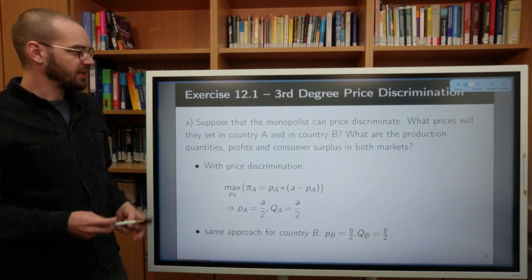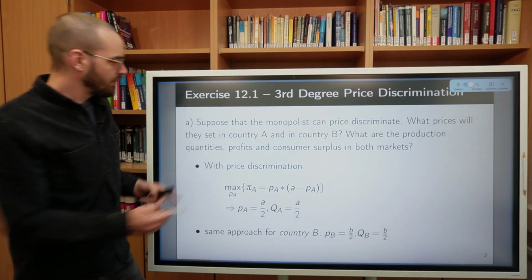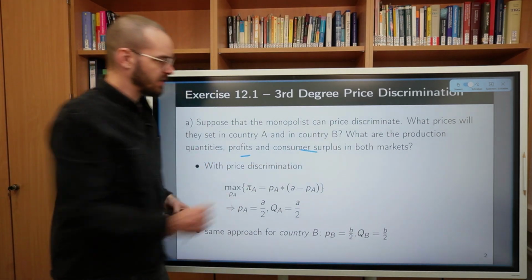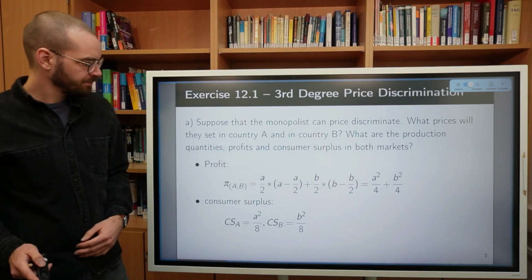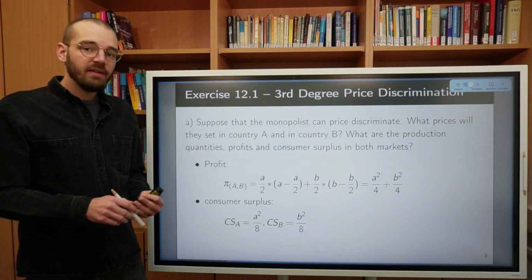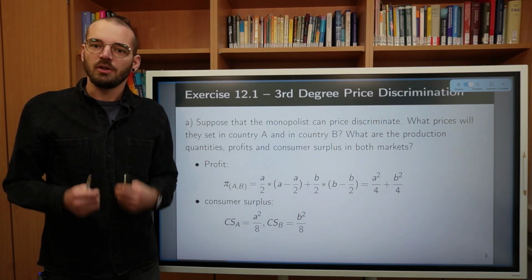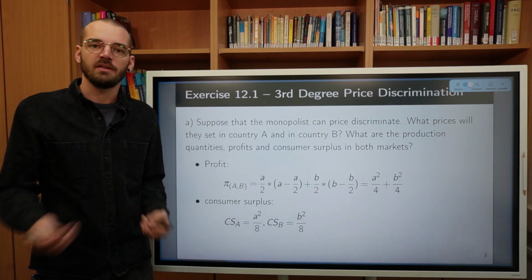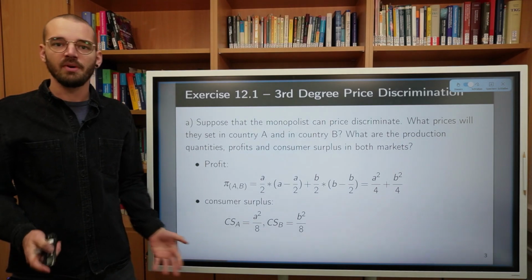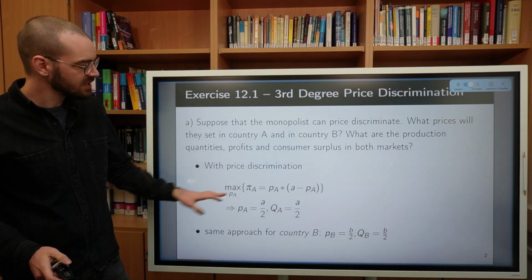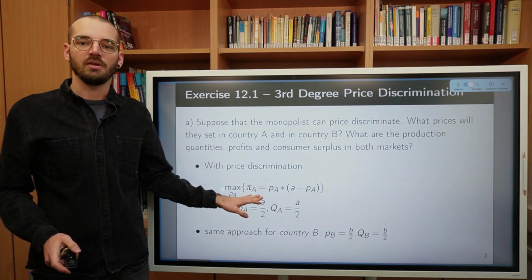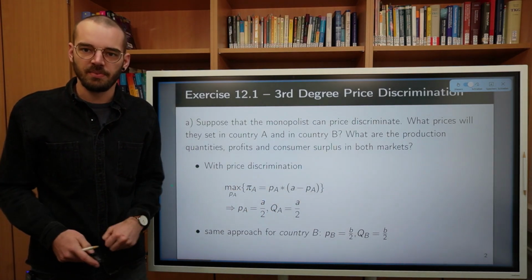All right, so now we have prices and quantities in equilibrium. Of course, we were in addition asked to find profits and consumer surplus. So that's what we are going to do next. With the equilibrium price and quantities in each of these respective markets, we can calculate profits of the monopolist simply by plugging these equilibrium results into the profit function, which we already stated and discussed on the previous slide.